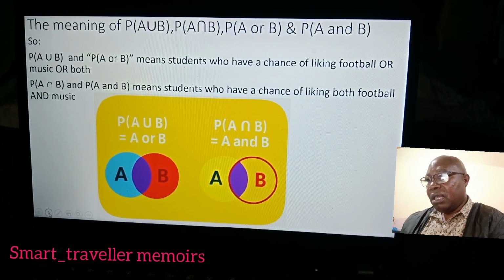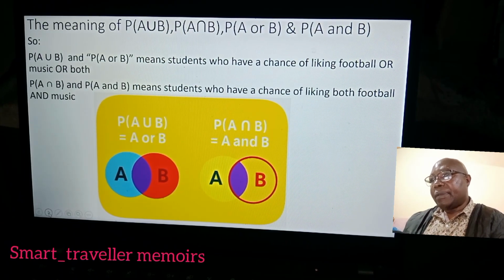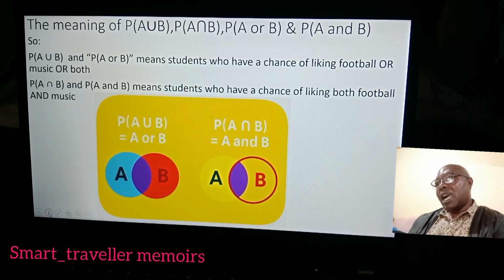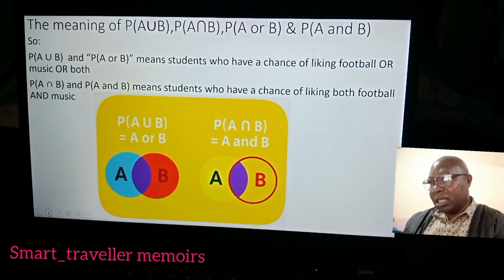P represents probability. P(A intersection B) and P(A and B) mean students who have a chance of liking both football and music. So there, guys, you can see I've brought the meaning.